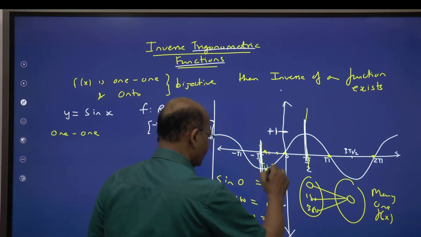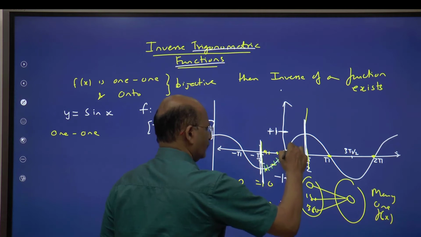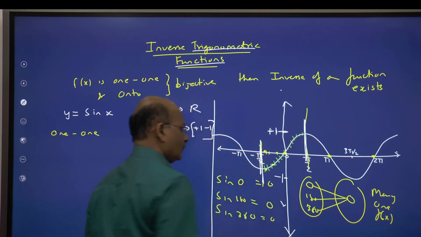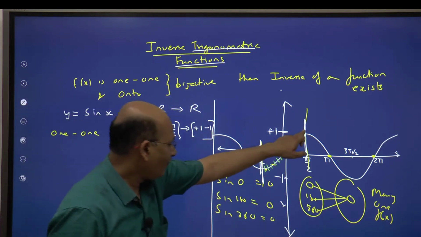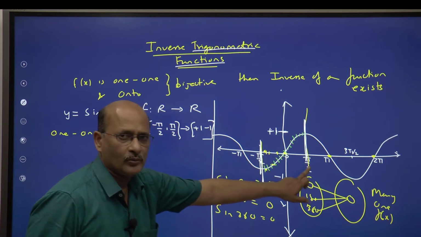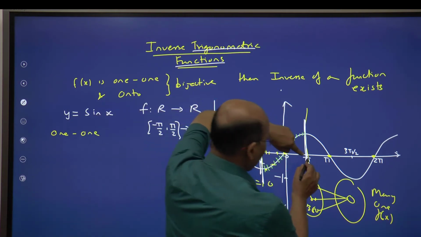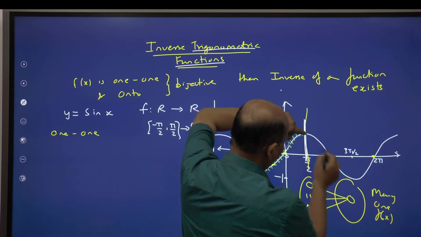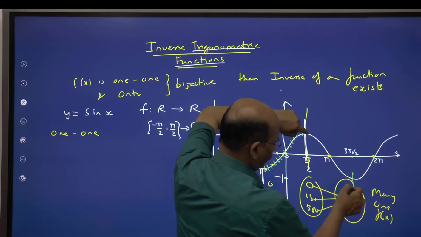I consider minus pi by 2 to pi by 2, or you can also consider pi by 2 to 3 pi by 2, from here to here also.